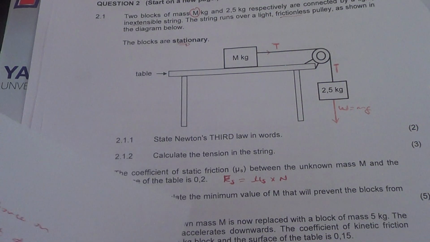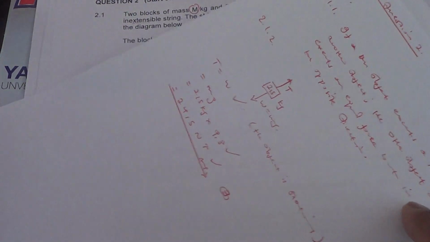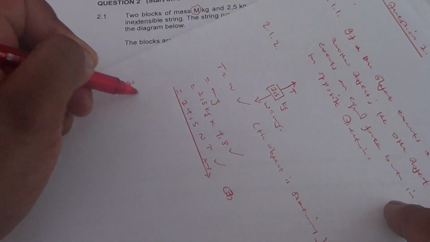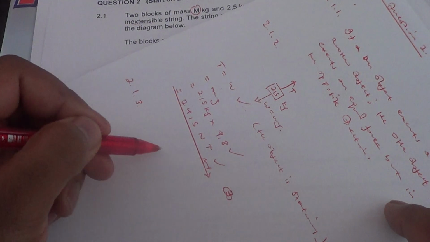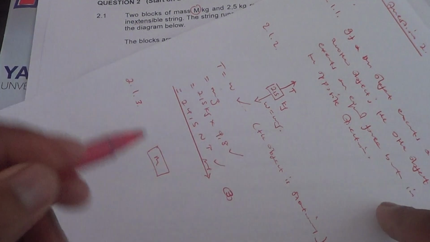So the question says calculate the minimum value of m that will prevent the blocks from moving, meaning they want the mass. We don't have a problem. We can do this one. 1.3. Now we need to consider this block, this m block.